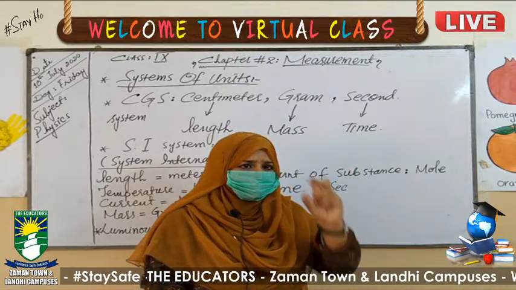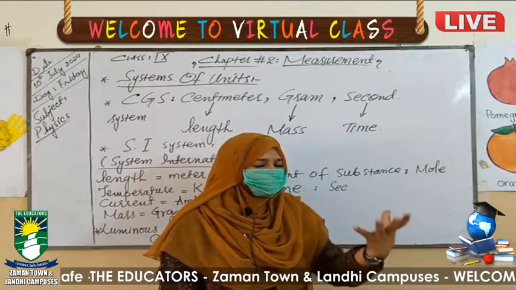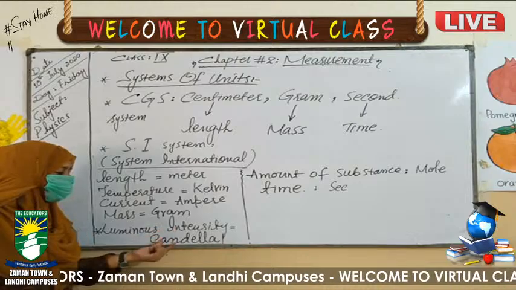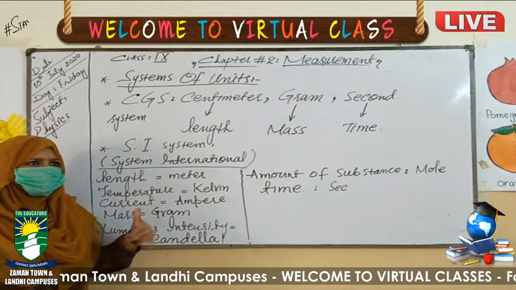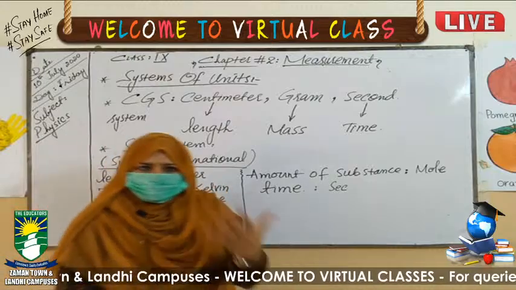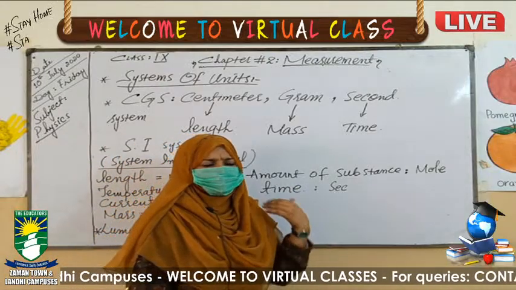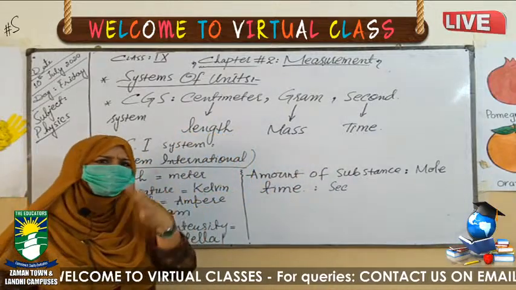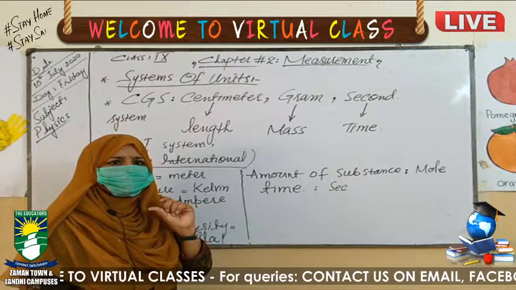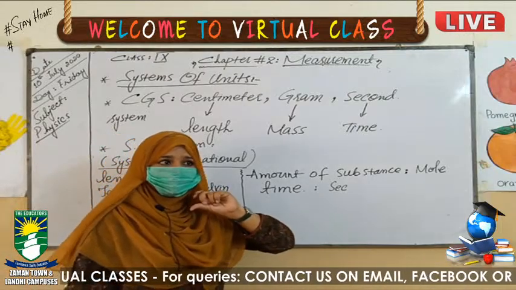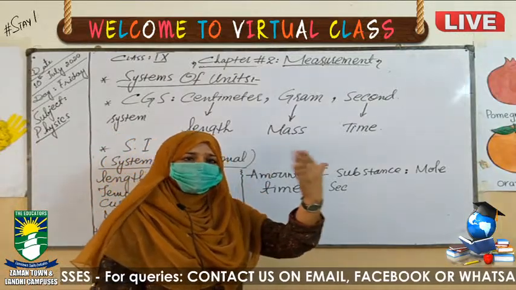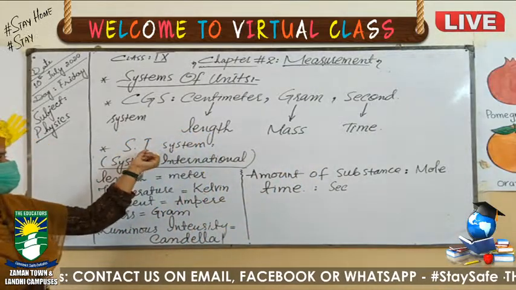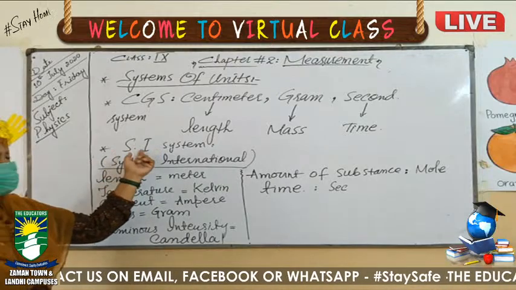That intensity is known as the luminous intensity, and it is measured in the candela. Luminous intensity is basically how much the intensity of light is, either higher or lower, measured in the candela. That is the second system of unit, the System International, SI system.